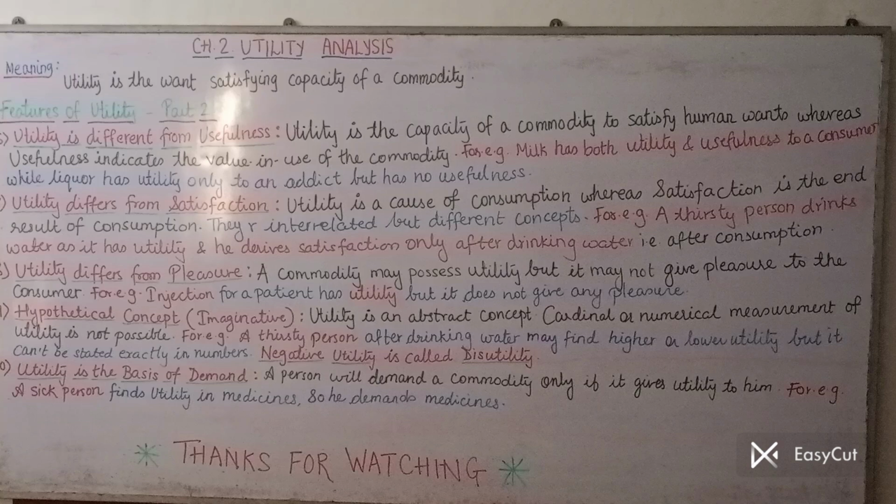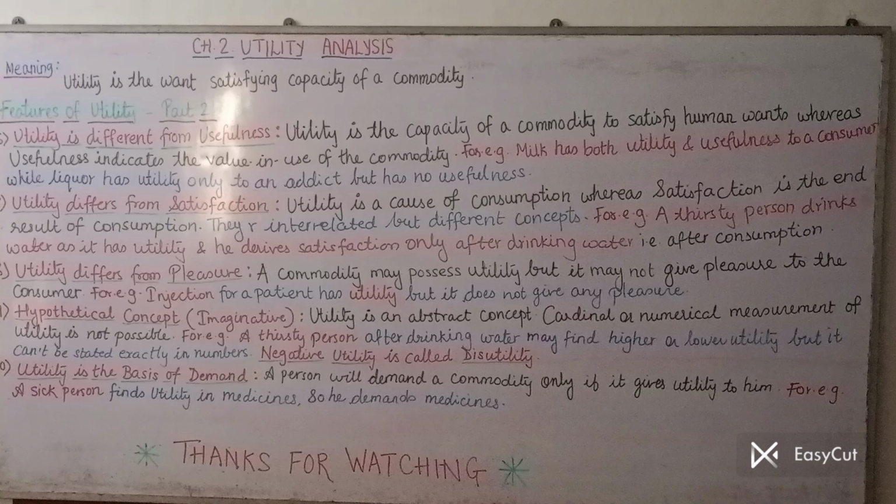Whereas, if we consider liquor or wine, it has utility only to an addict. And even though it has utility to a person who is addicted to liquor, still it is not useful to that person also. So, liquor has utility, but it's not useful, whereas milk has both utility as well as usefulness. I hope the point is clear.